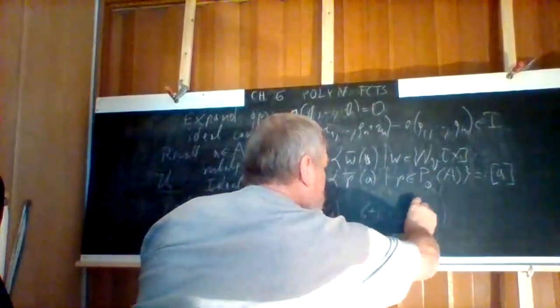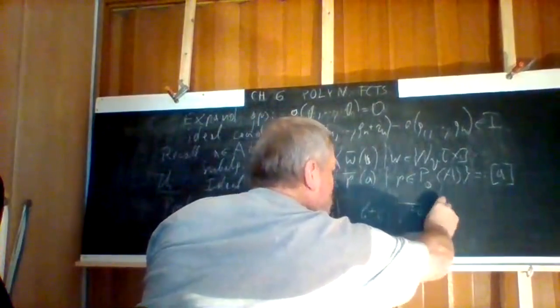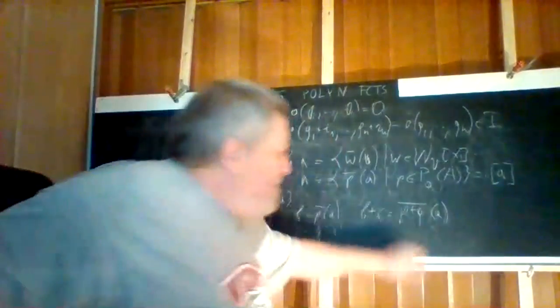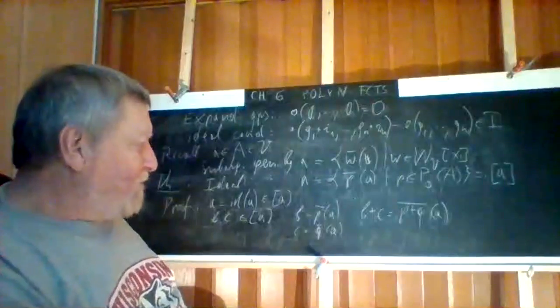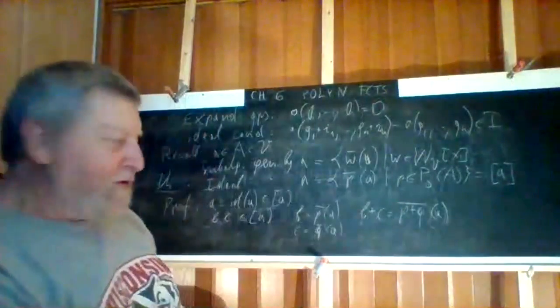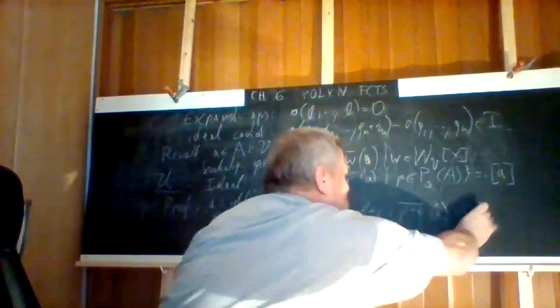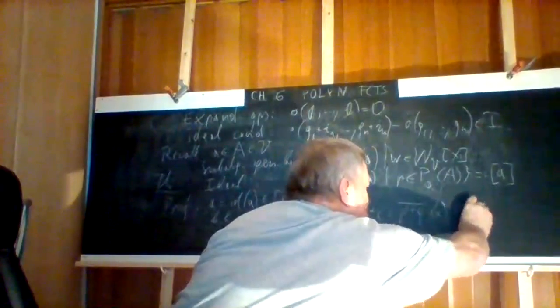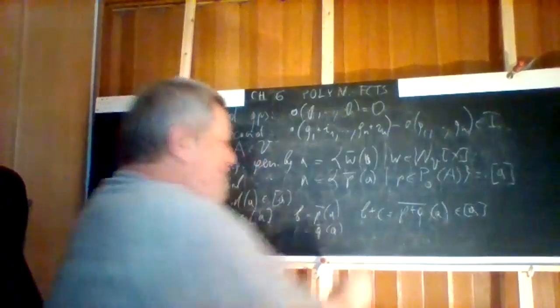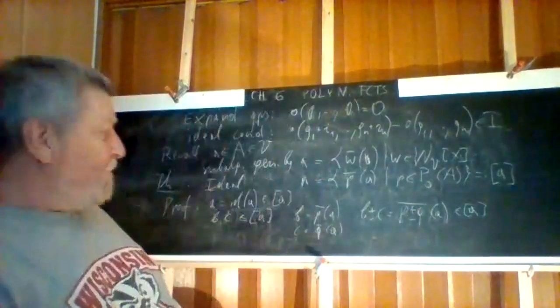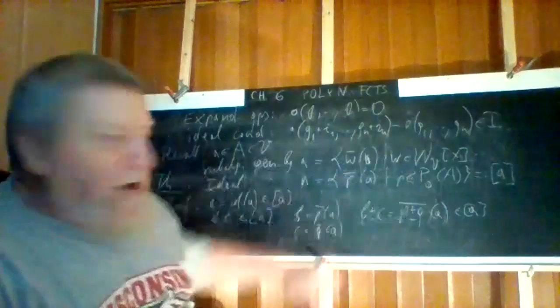That's P plus Q bar of A, because that's the way functions are added. And so we see that B plus C is also an element of bracket A. And the same happens if we take a minus here. And so we have at least that this bracket A is a subgroup.